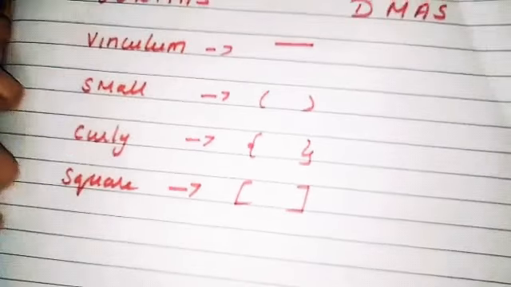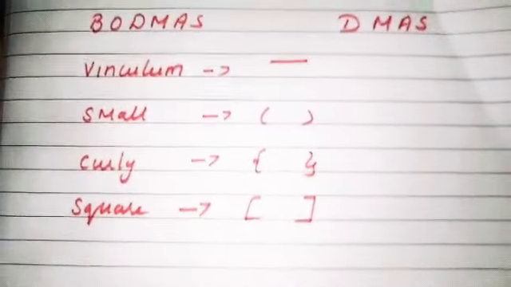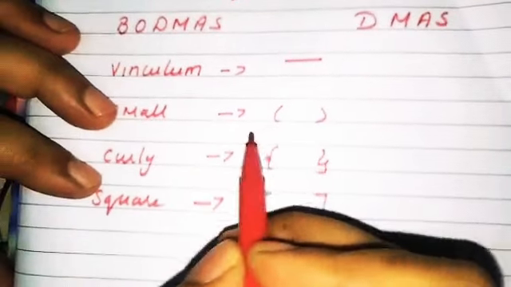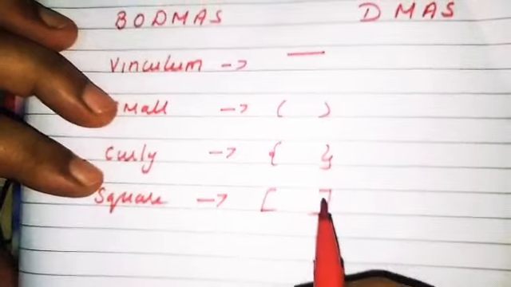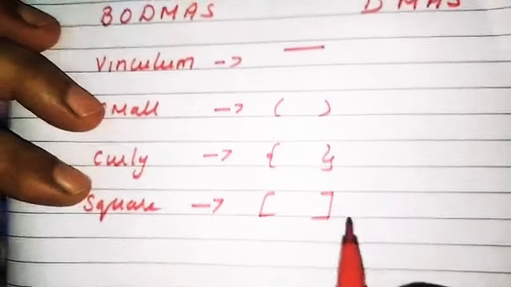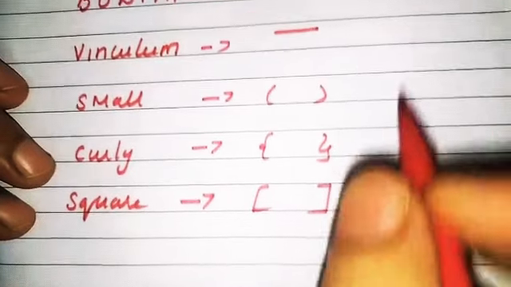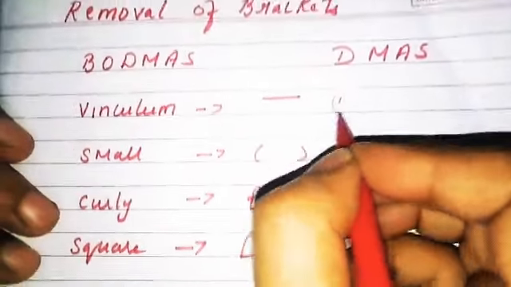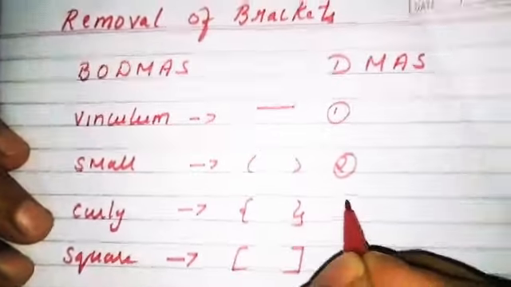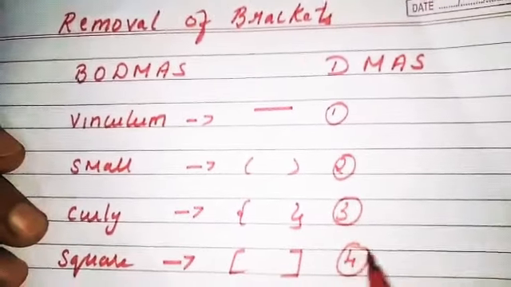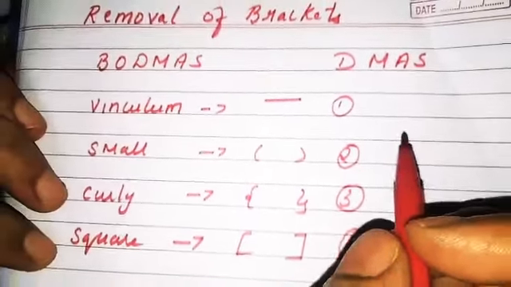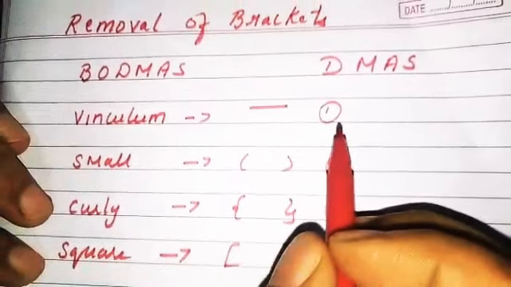As I told you, any expression which is given under either of these brackets will be performed first. Now, what is the order that we need to follow? The order would be the same order, 1, 2, 3, 4. First we solve any expression given under the vinculum.